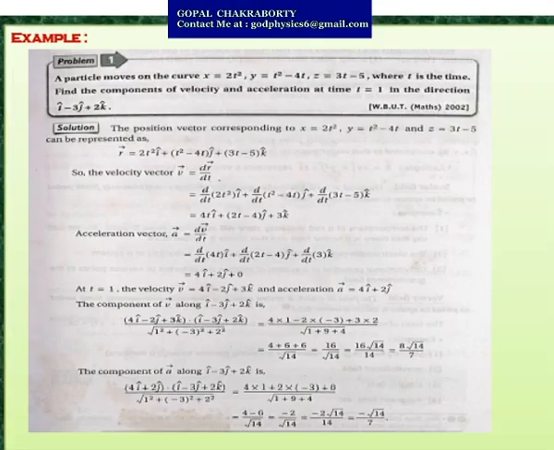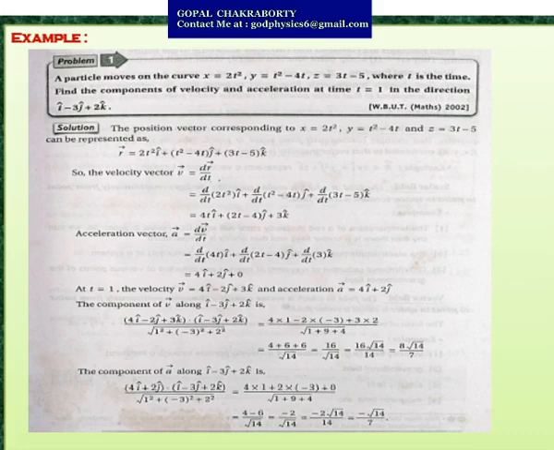Next question: a particle moves on the curve x equals 2t square, y equals t square minus 4t, z equals 3t minus 5, where t is the time. Find the components of velocity and acceleration at time t equals 1 in the direction of i minus 3j plus 2k.